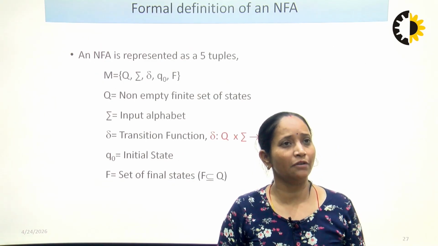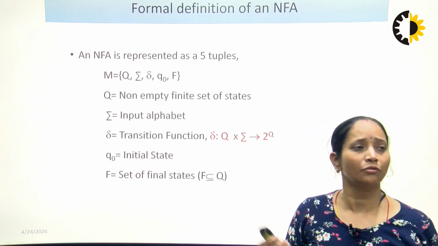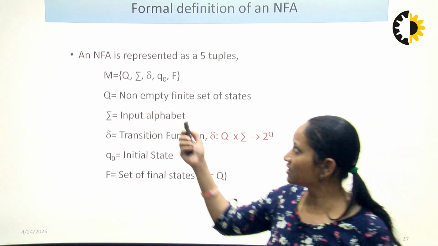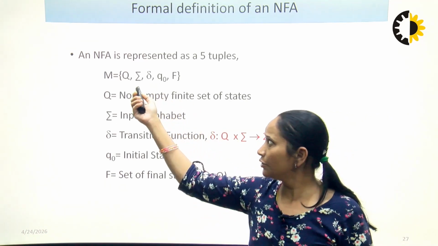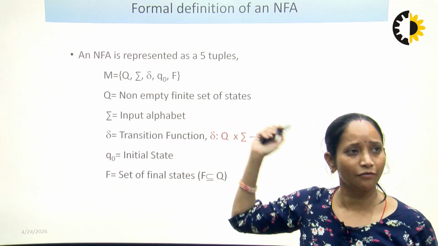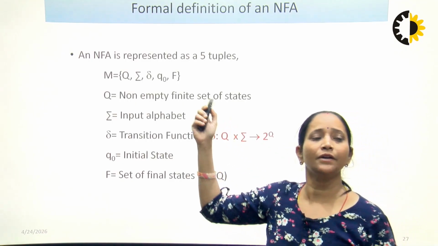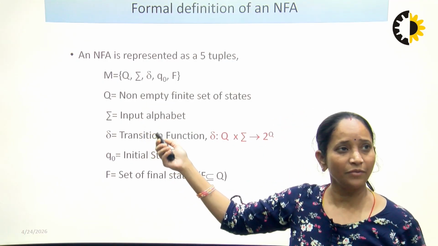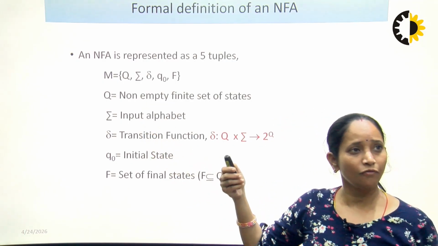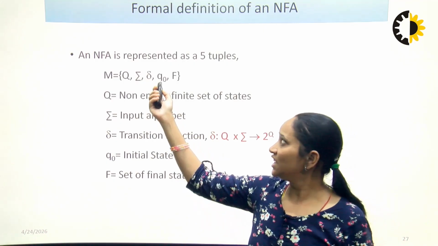We can define the non-deterministic finite automata by a formal definition. It is a collection of 5 tuples: Q, Σ, δ, Q0 and F, where Q is the finite non-empty set of states, Σ is the input alphabet, meaning the input symbols that we have to read for a particular state, and δ is the transition function.